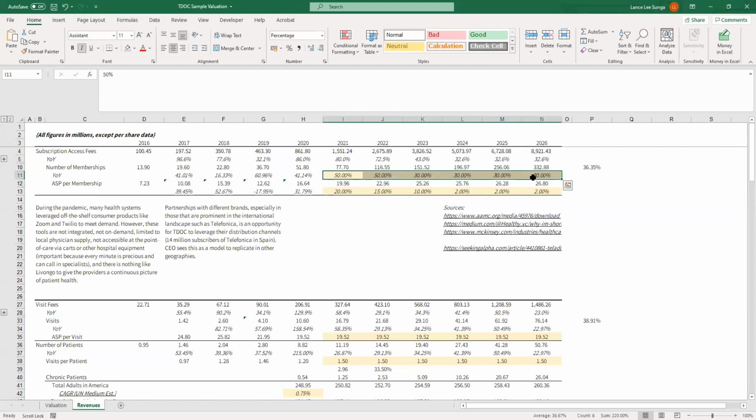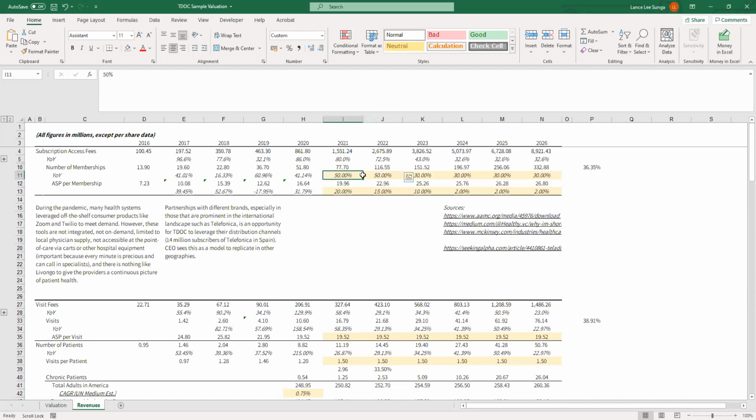And so where did I get 50%, 30%? It's just a random projection, to be honest. You don't really have to be precise on the exact number of memberships.